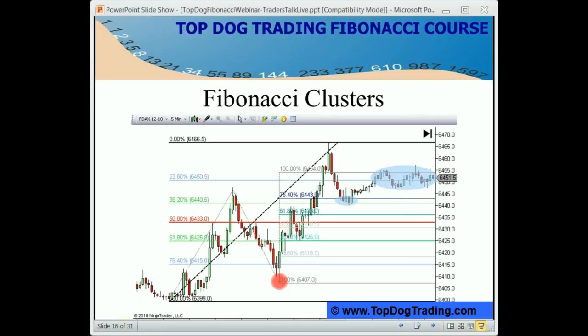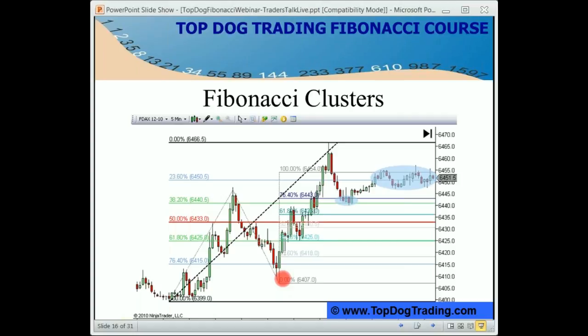Now you've got two groups of people. When you get a cluster, you've got more people in the marketplace who are seeing that level and responding to it because they're concerned about, well, am I overextended in this move? Oops, here's a support level, and maybe I should put my trailing stop here, or maybe I should take profits at this level, or maybe I should buy off of this level. So you've got more people responding to this level in one of those ways.